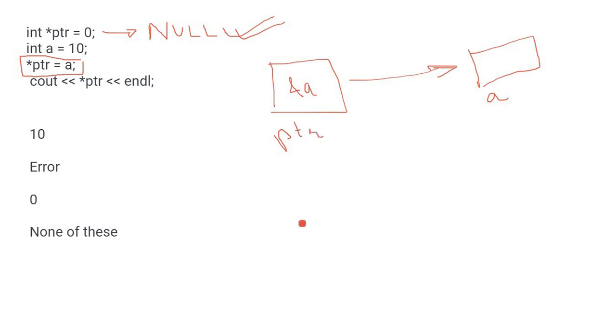But in our case, ptr is null, so it is not pointing anywhere. Thus, we cannot dereference it. Dereferencing a null pointer is not allowed. So this line of code will give an error, and thus error is the correct answer.